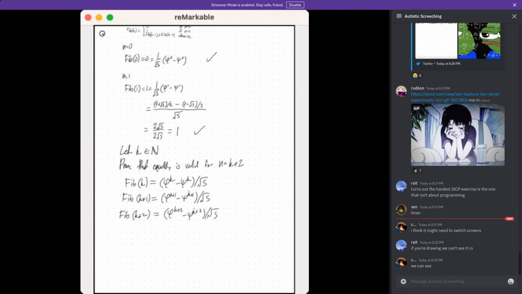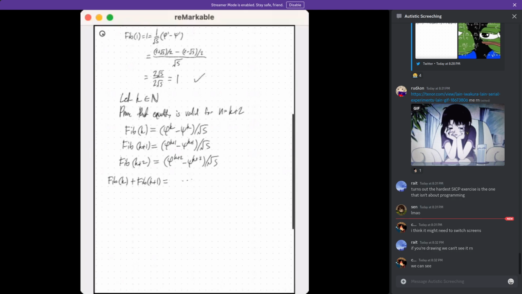And we can rewrite k plus 2 in terms of the definition of the Fibonacci sequence, or the k plus 2 Fibonacci number in terms of its definition, which would be Fibonacci of k plus Fibonacci of k plus 1, right? And we substitute in these expressions here. And I think this is going to work here.